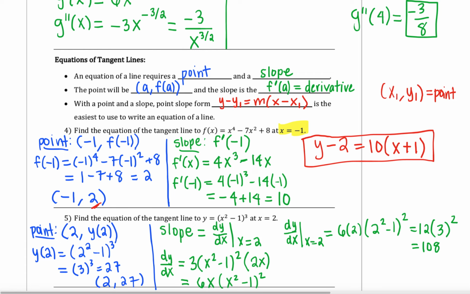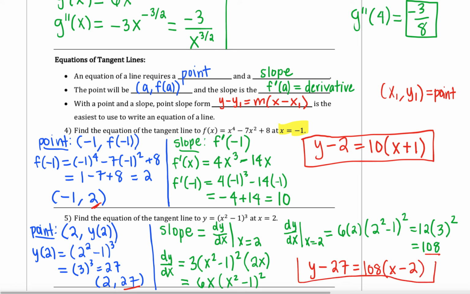Now that we have a point and a slope, we can go ahead and write this in point slope form. So we're going to get y minus our y1 value, which is coming from our y of 2, which we found to be 27, equals our slope, which is our derivative at x equals 2, so that would be 108, times x minus our x1 value, which is 2.